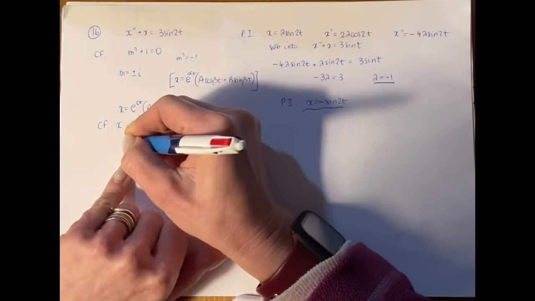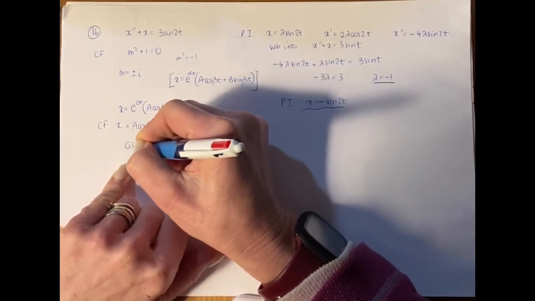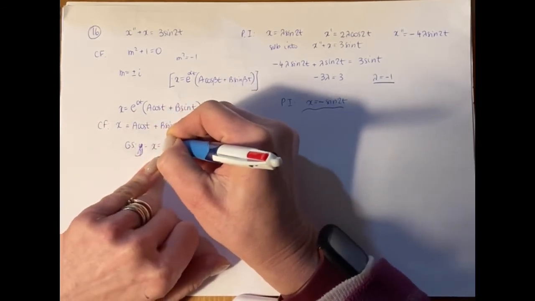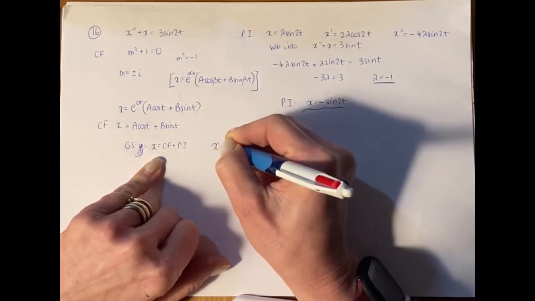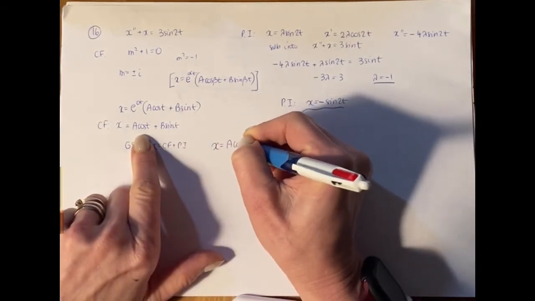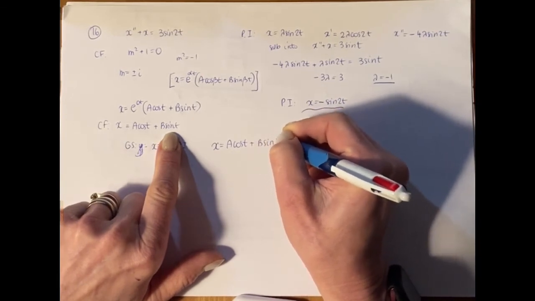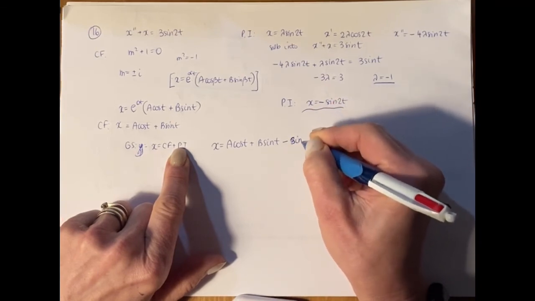So what's the general solution? We've got to state it. It's x equals complementary function plus particular integral. So x equals a cos t plus b sine t, and then minus sine 2t.